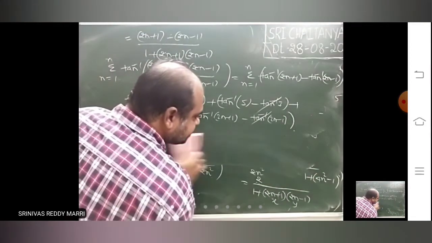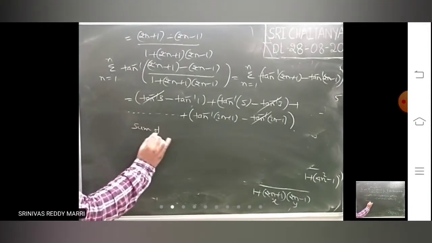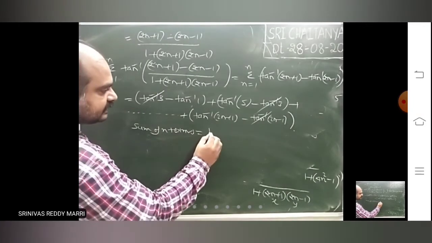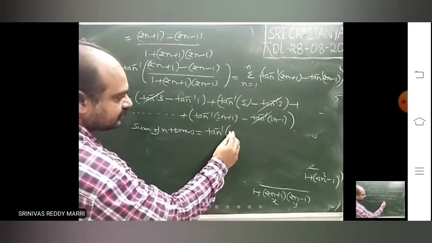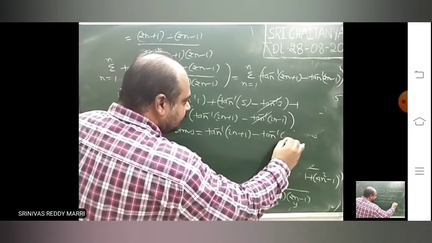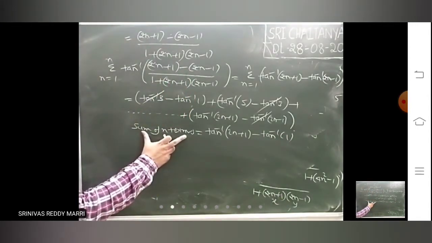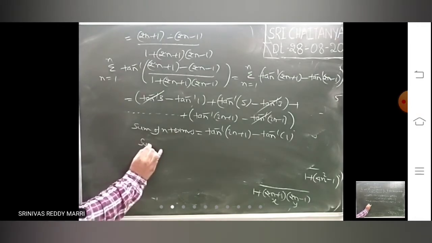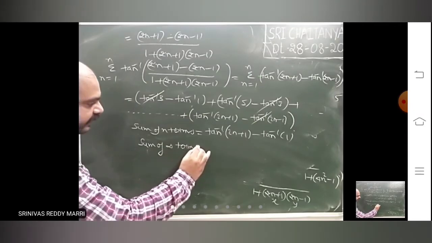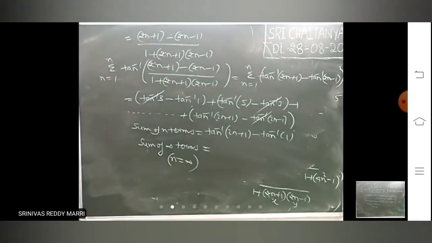So therefore, what is the sum of n terms? Sum of n terms is nothing but tan inverse (2n plus 1) minus tan inverse 1. This is the sum of n terms of the series given. Now the sum of infinite terms means substitute n equal to infinity in the above one.